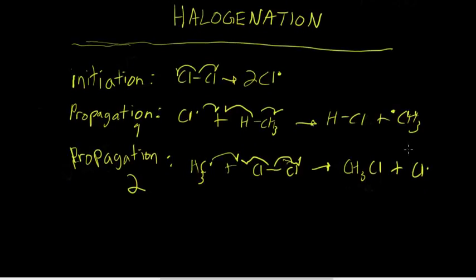And of course, as I said in the prior video, this basically continues until a chlorine radical bumps into another chlorine radical, or a methyl radical bumping into a chlorine radical, and that'll actually give you the major product here.